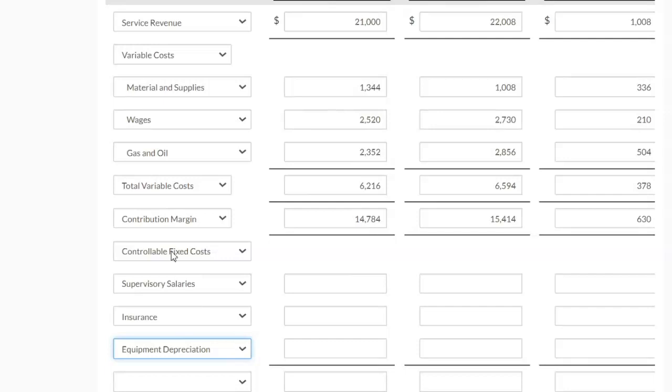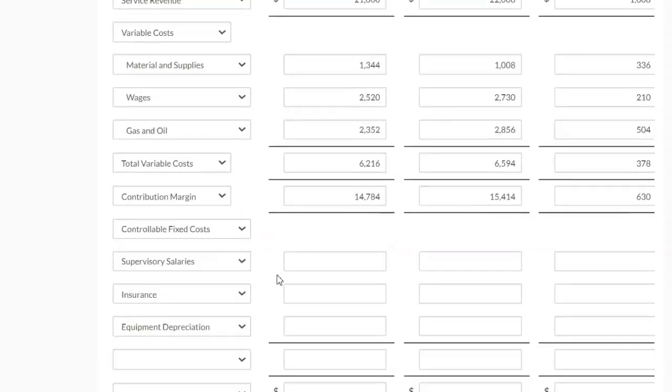No, that's fixed. Depreciation, sorry. Yes, equipment depreciation. Then we total controllable fixed cost, then contribution margin, controllable margins. But equipment depreciation is controllable. Yes.